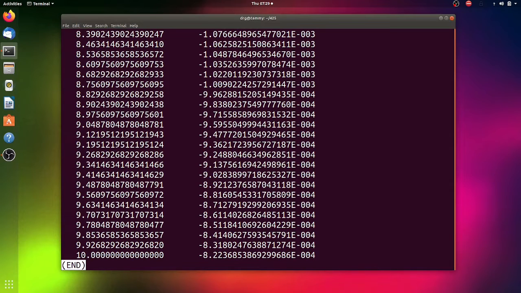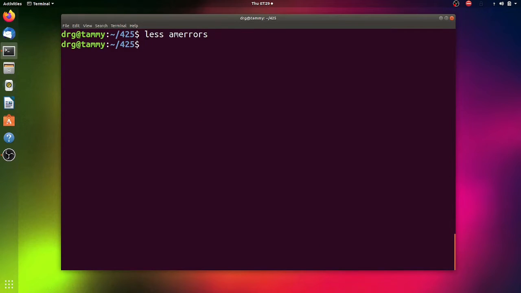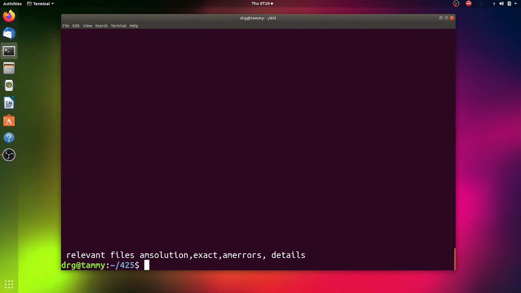It might be worthwhile to actually draw the graph on this one. Since I've forgotten what I called the files, I'll just run it again quickly. I'll look at AM solution and exact.